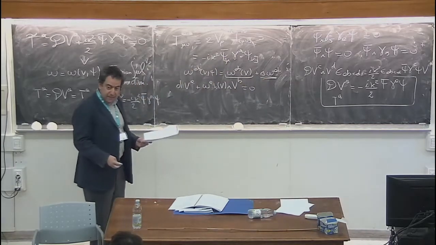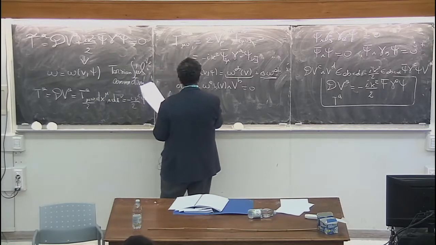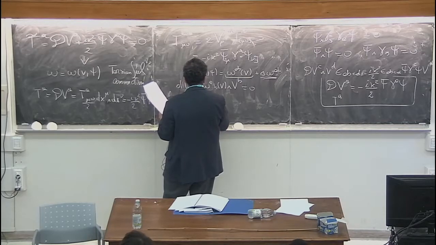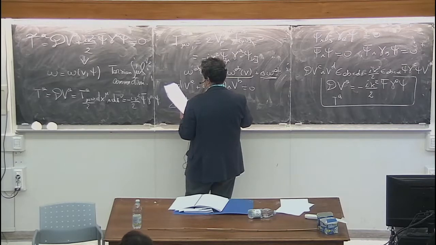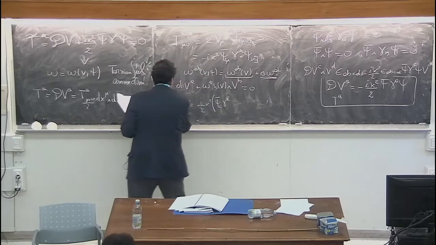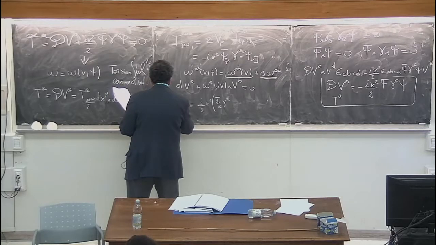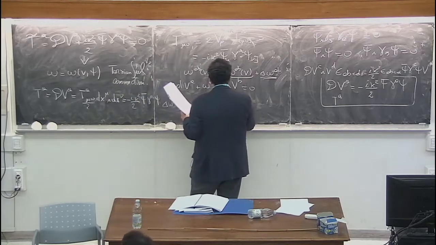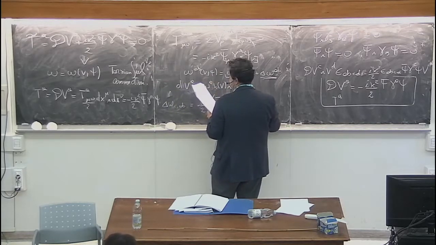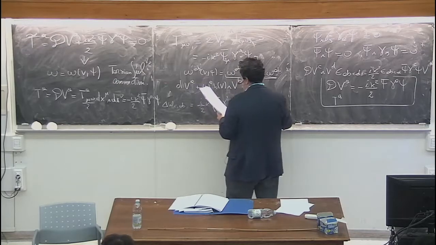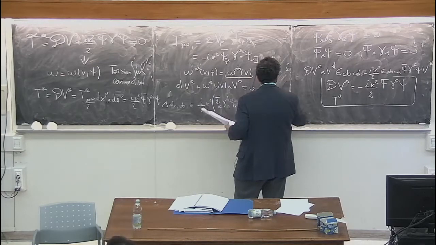I leave it to you as an exercise to derive delta omega AB, which is equal to minus i divided by 2 kappa squared times psi C bar gamma A. Let me write delta omega with all indices down: delta omega ACAB, gamma A psi B, plus psi bar A gamma B psi C, minus psi bar B gamma C psi A. Okay, you try to derive it.